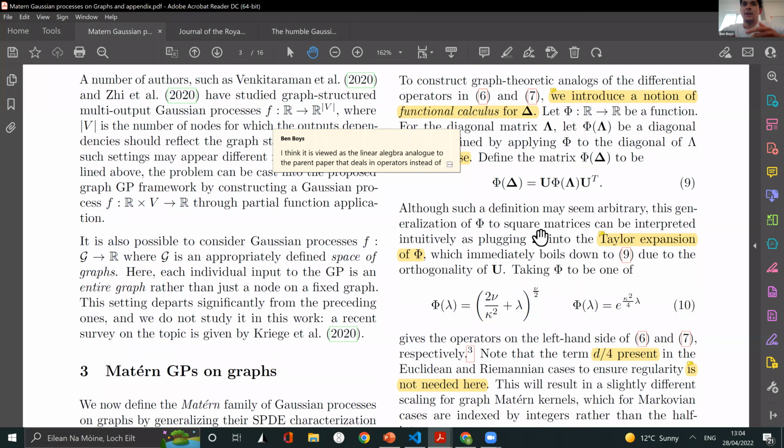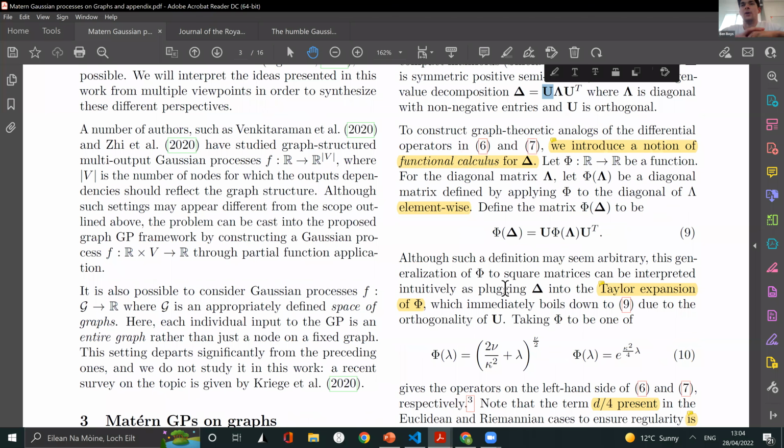A key point here is that from this stochastic differential equation to here, we've dropped D because the dimension doesn't make sense anymore. A graph doesn't have a dimension, because a dimension is a dimension of Euclidean space.